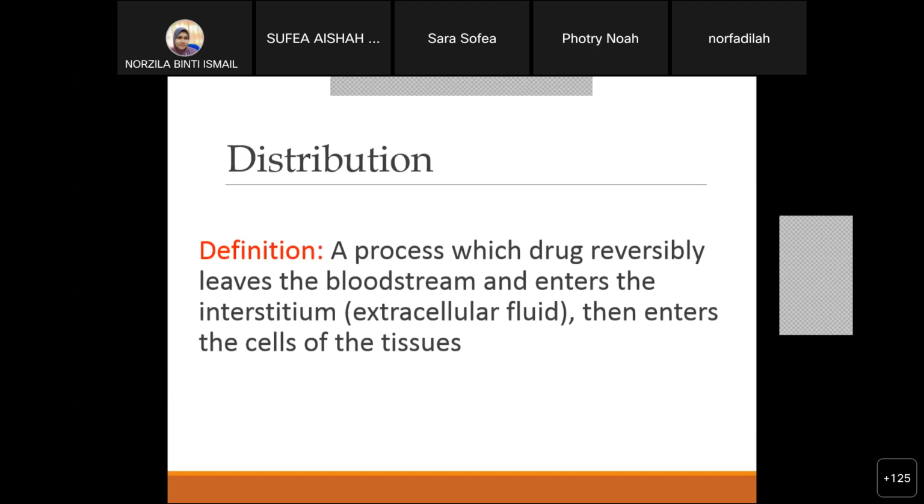First, blood vessels, and then interstitial or extracellular space, and then inside the cells. Okay, any questions so far? No, doctor. Okay.